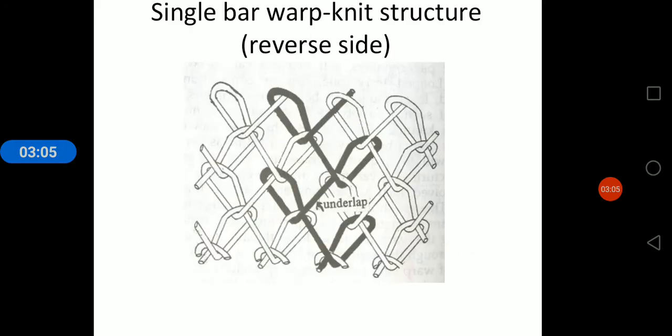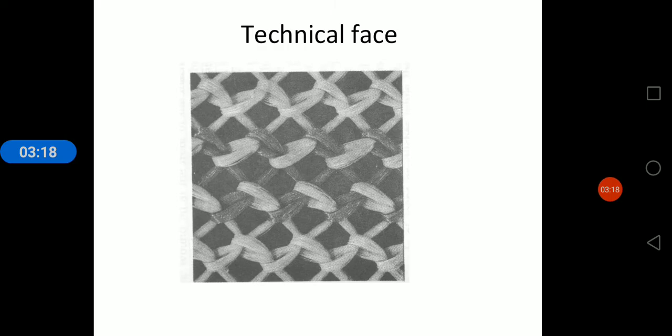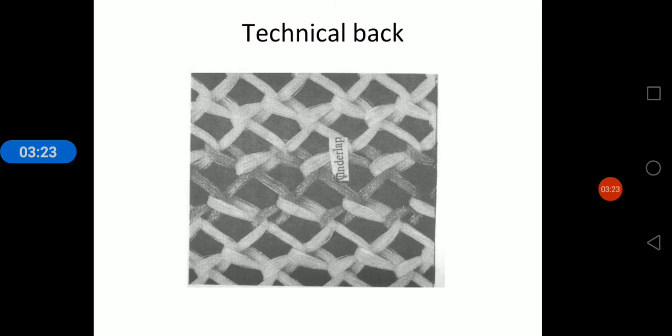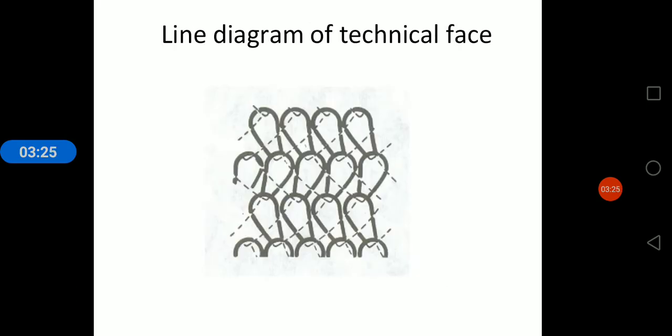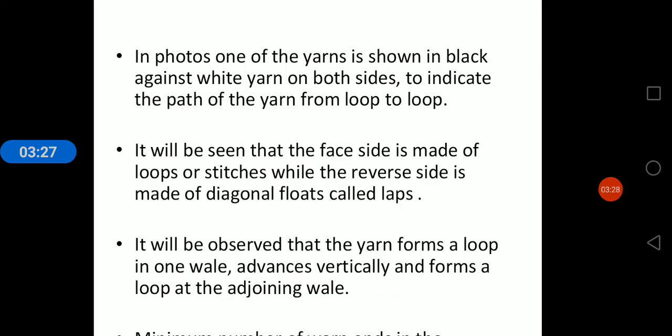This is a single bar warp knit machine. On the reverse side, this is the formation of the loop, called the underlap. This is the technical back, and the technical face is like a t-shirt's front face. Here is the line diagram of the technical face and technical back. In the photos, one yarn is shown in black against white yarn on both sides to indicate the path of the yarn from loop to loop.